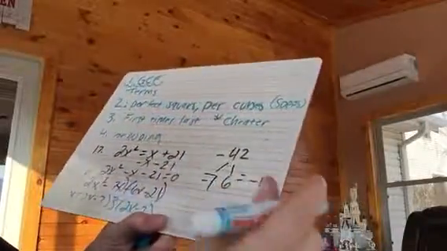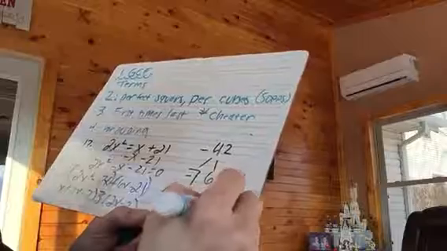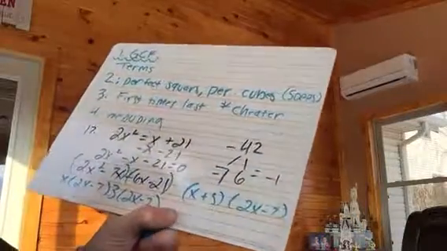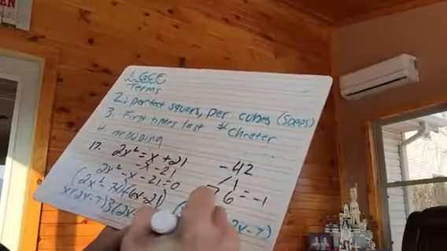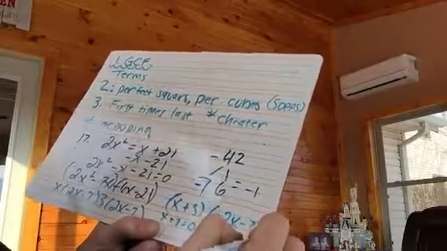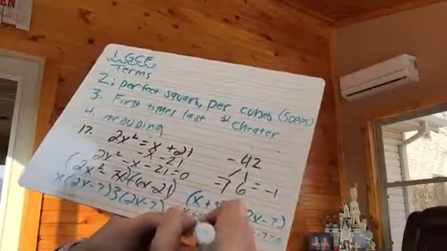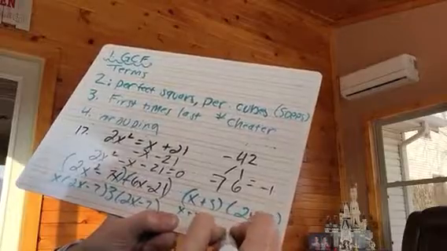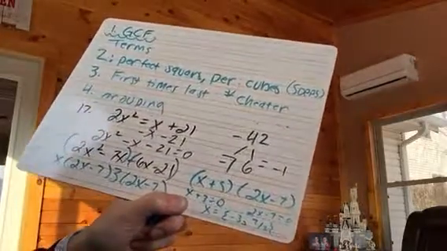Okay, so my answers in parentheses would be x plus 3 and 2x minus 7. Okay, we are setting those equal to 0. So we have x plus 3 equals 0 and 2x minus 7 equals 0. I am running out of room. I apologize. Solution set, right, would equal x is equal to negative 3 and positive 7 over 2.